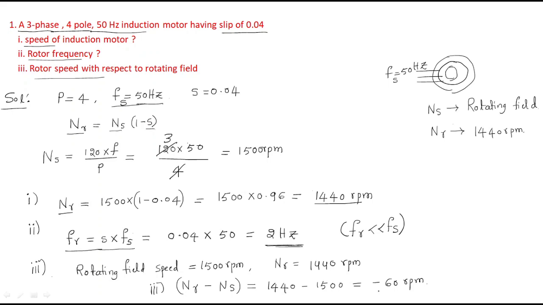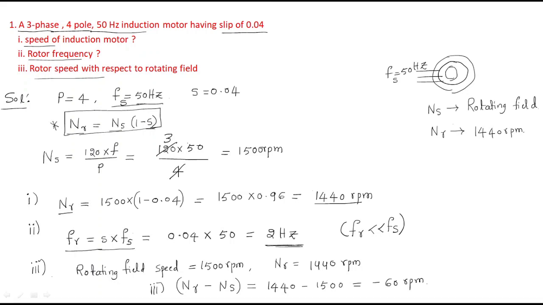Okay. So this is the procedure to do any problem of this model. If you are asked to find the speed of the induction motor, first look at whether the slip is given. If the slip is given, directly you can use this formula. If the slip is not given, then you have to find out the slip.